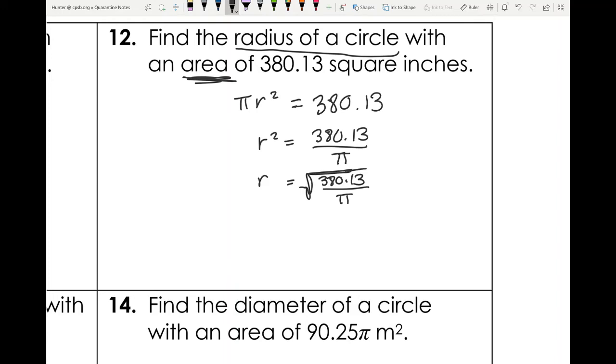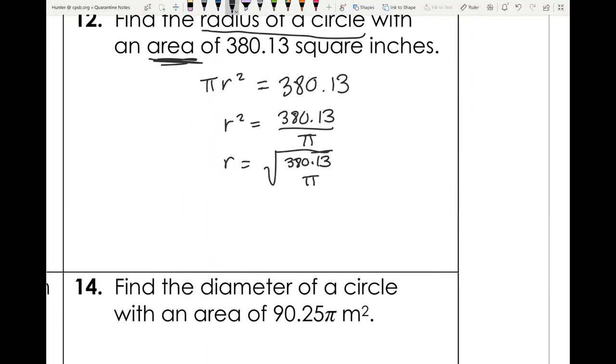Now, please put all of this in your calculator. Once you do that, you'll get that r is equal to 11 inches.